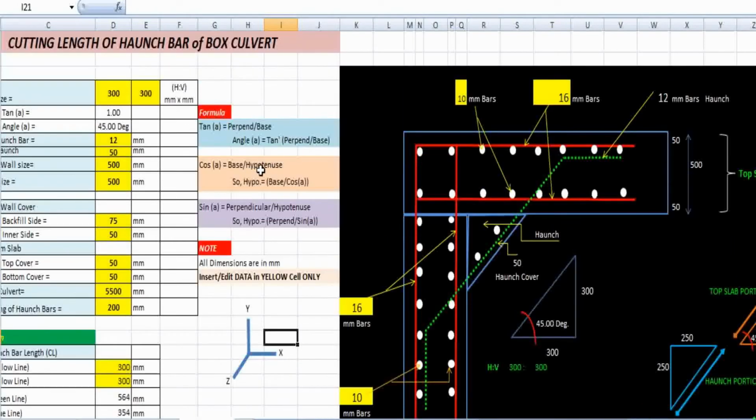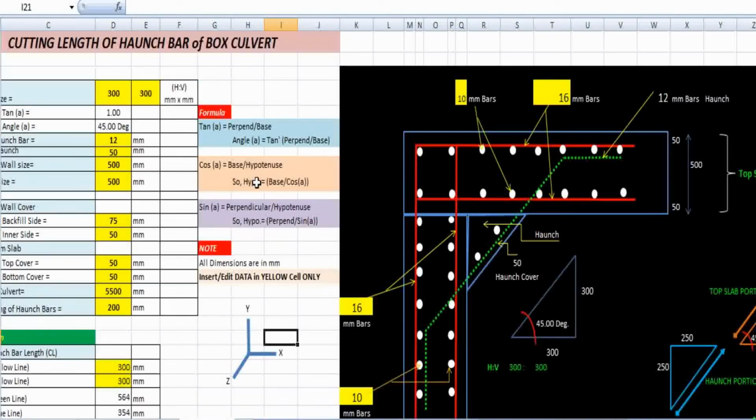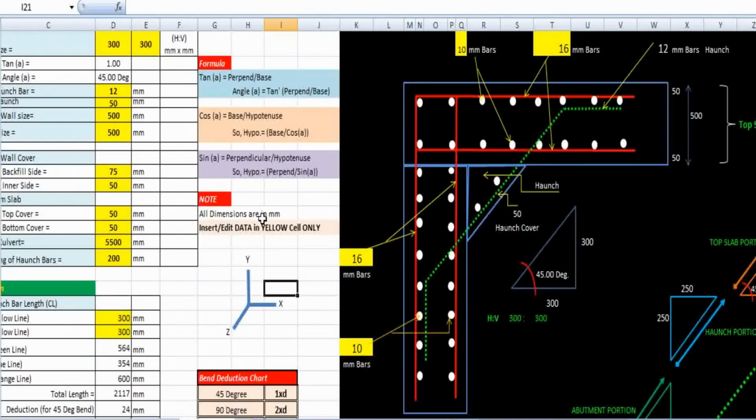So from here we have the requirement of hypotenuse. So hypotenuse equals base by cos theta. Okay, and also we have a formula sin theta equals perpendicular by hypotenuse. So hypotenuse equals perpendicular by sine angle. Okay, just normal formulas are there.